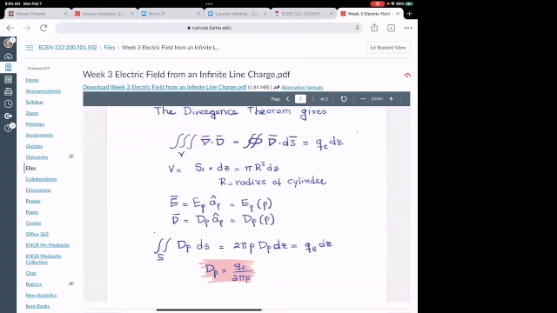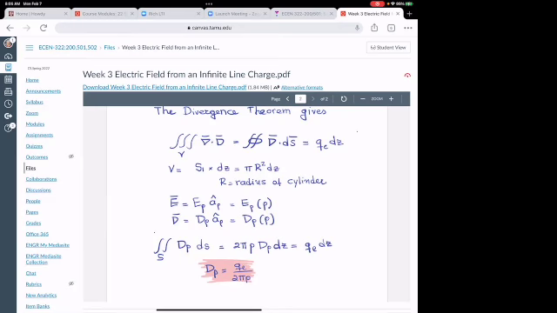And rho is the radius from the axis of the cylinder. So in a cylindrical case, it goes as 1 over the distance. So 1 over the distance squared for the sphere, 1 over the distance for the cylinder.